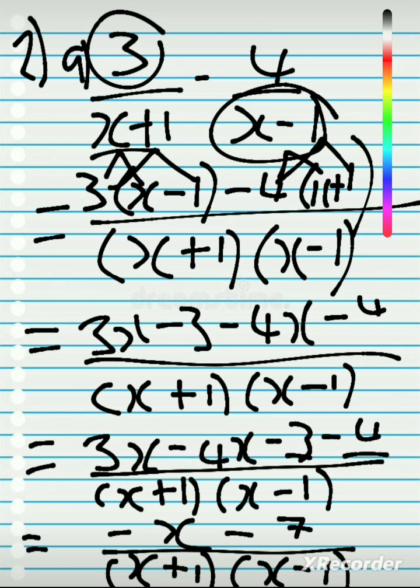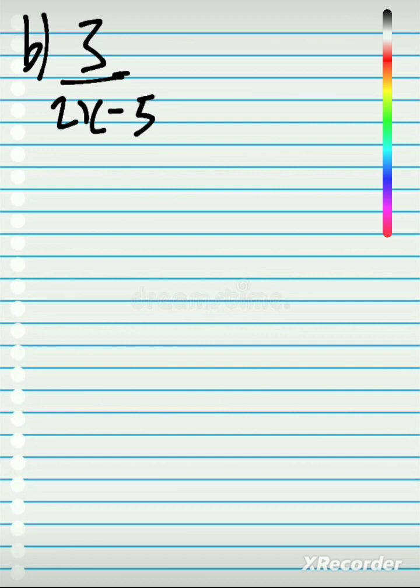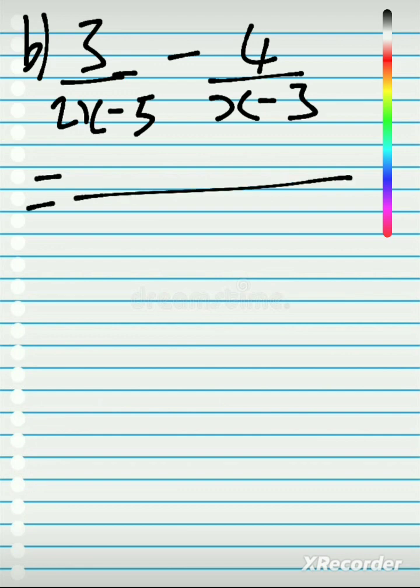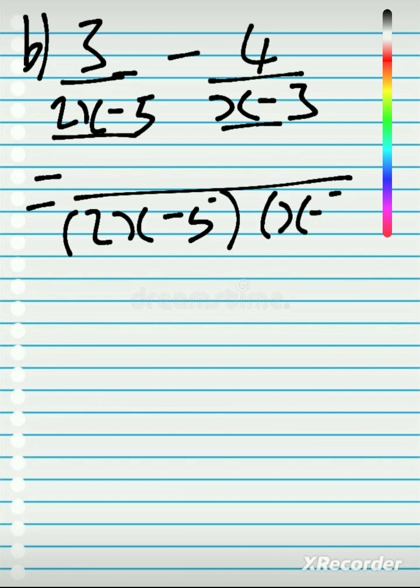We go to B. Question 2b says 3 over 2x minus 5 minus 4 over x minus 3. Okay, so common denominator, we multiply the 2x minus 5 and x minus 3.